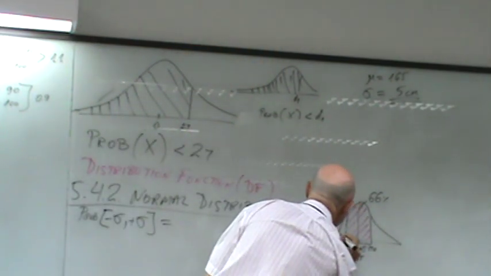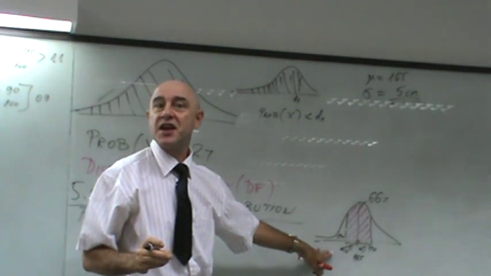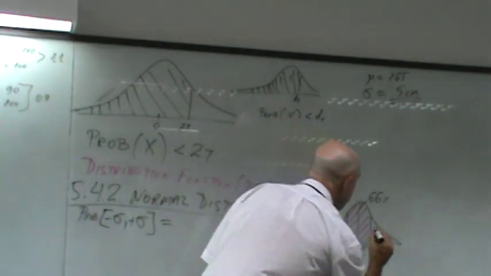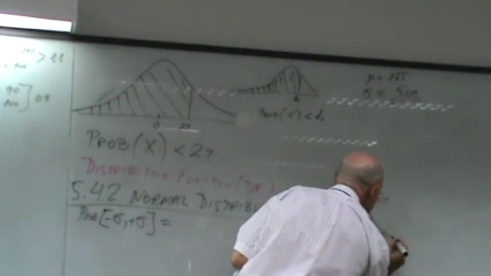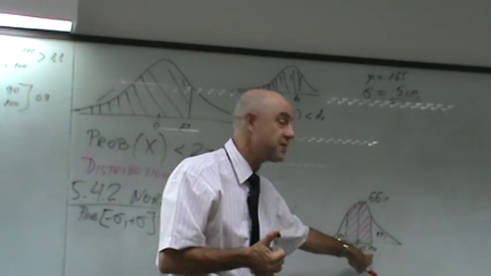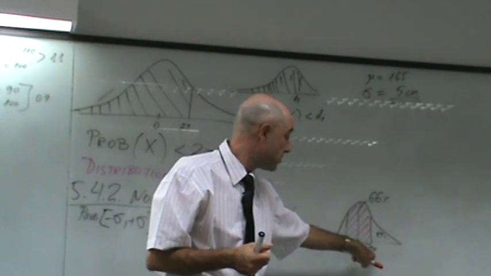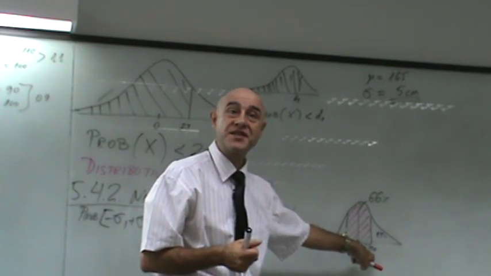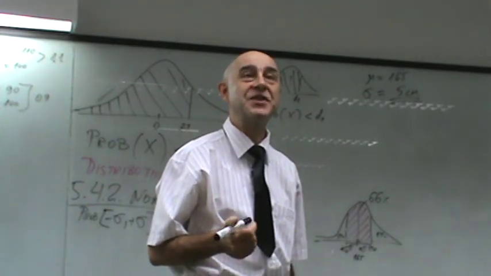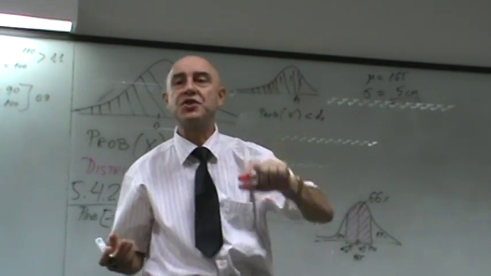So 17% chance of being less than 160, and it's going to be 17% chance of being over 170. Well, what does 17% mean for 27 students?